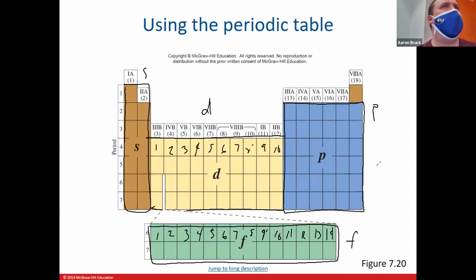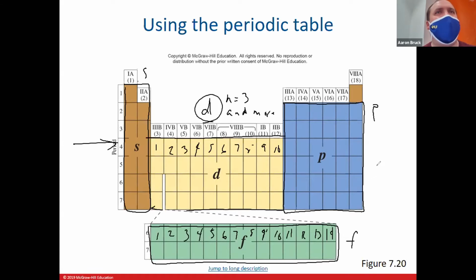Now, there are some interesting tendencies in here as well. First of all, we know that the D sublevel starts showing up at the 3rd energy level and beyond. Yet we only see it in this 4th energy level in terms of the rows.